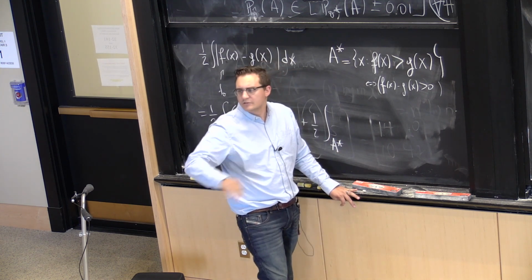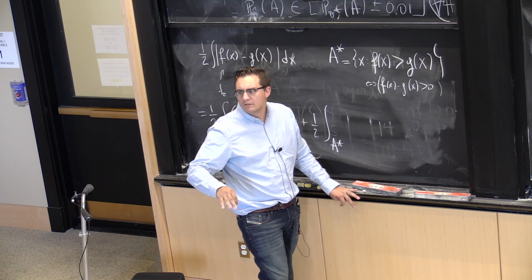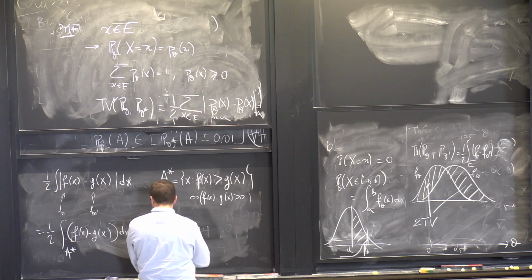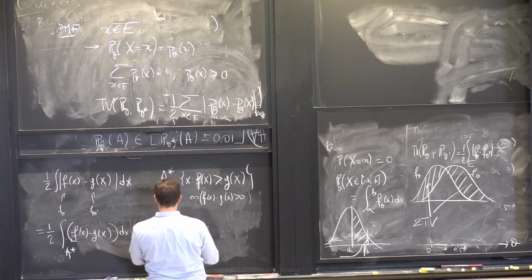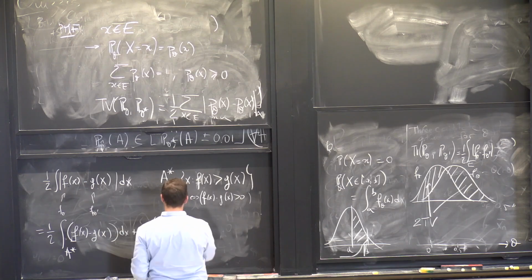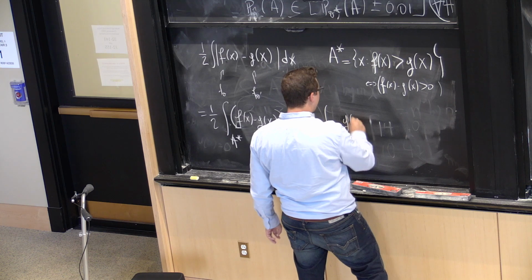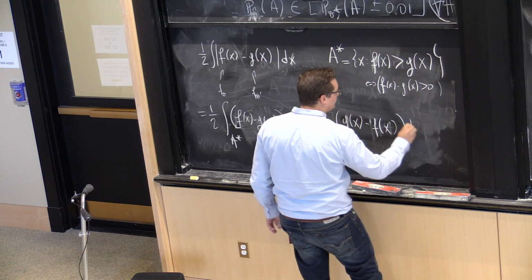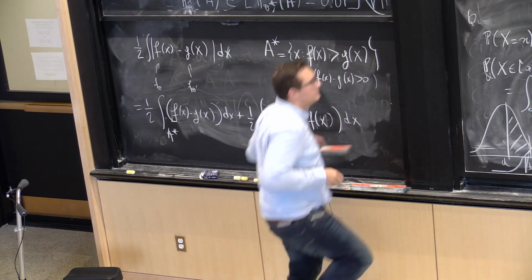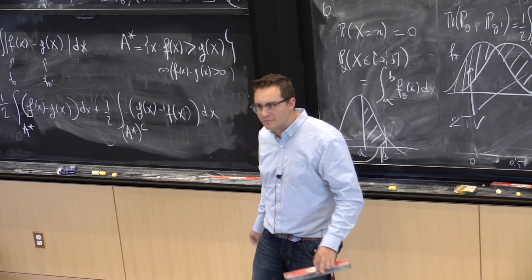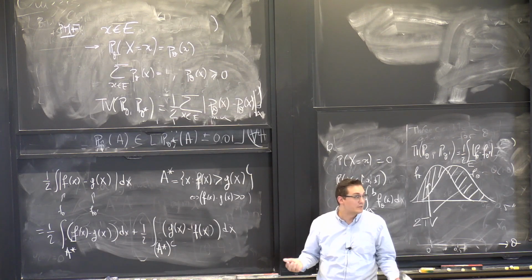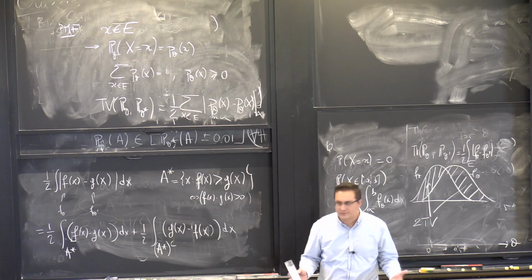To the c or the bar? To the c? OK, and so here on the complement, f is less than g. So this is actually really g of x minus f of x dx. OK, everybody's with me here? So those are just rewriting what the definition of the absolute value is.